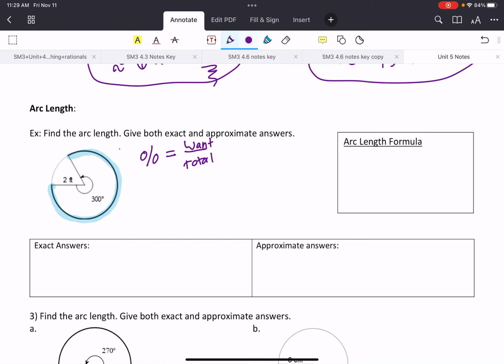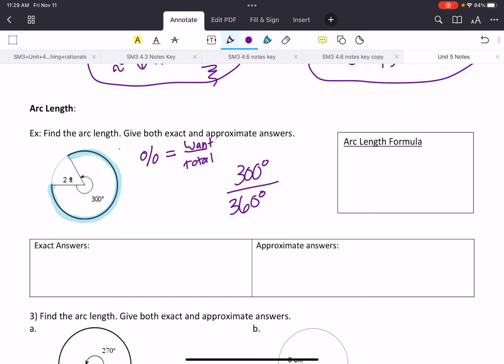How many degrees did this tell me? 300. How many degrees are in total of a circle? 360. So this is the percent of the total. What is the total circumference? Which information on this picture would we use to find our circumference? 2 feet.